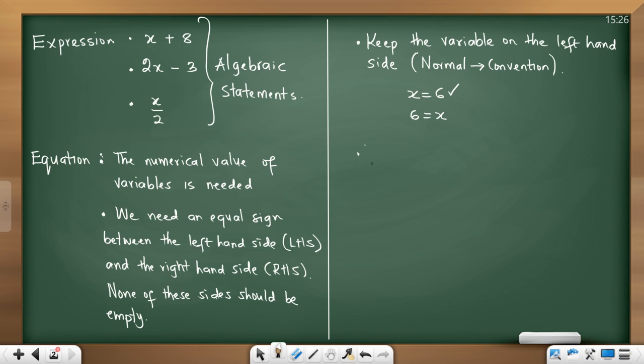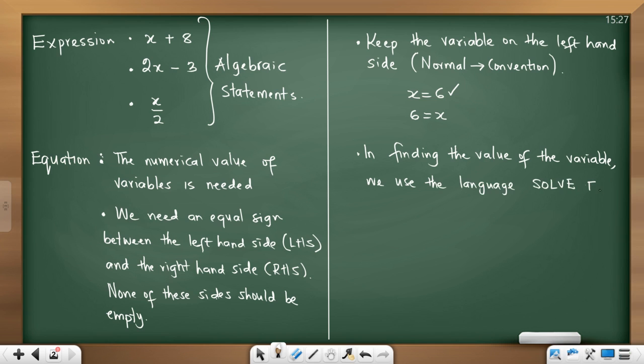Number 4. In finding the value of the variable, we're going to take it little by little, step by step. We use the language solve for.